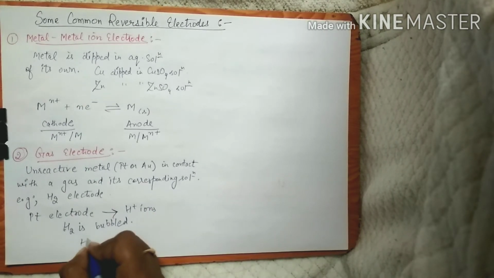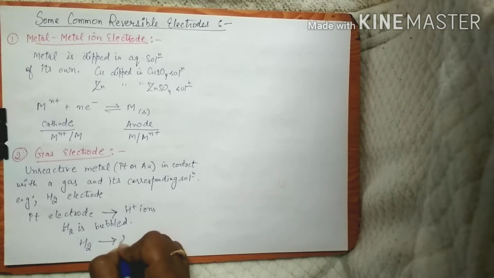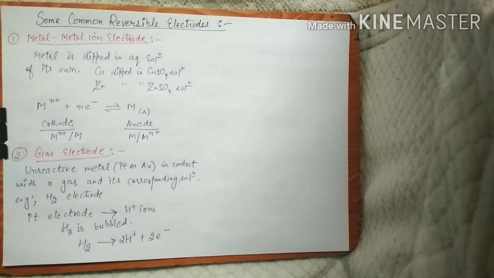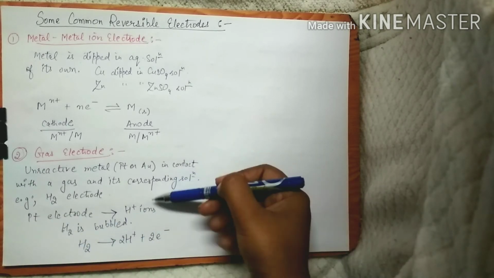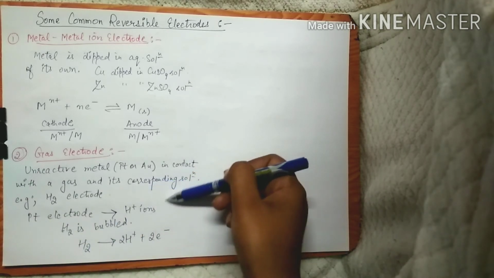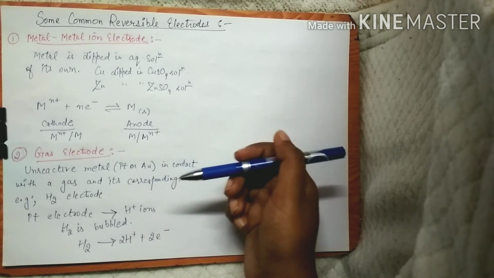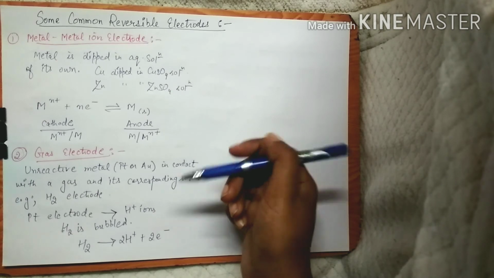Hydrogen gas changes to 2H+ plus 2 electrons. Here you have to understand that H2 gas is non-conducting and platinum is never attacked by the acid, the solution of H+ ions, so it is not going to react with platinum or any other unreactive metal which you take.